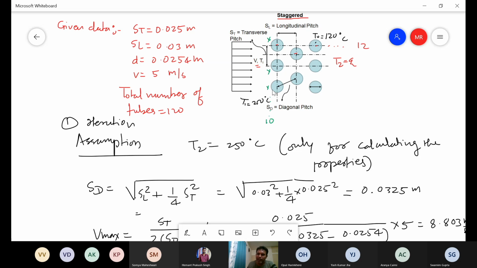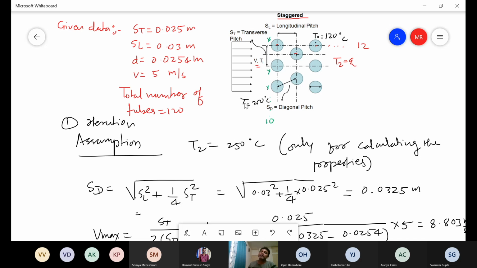Remember, the heat is being transferred to the fluid which is flowing through each of these tubes. But at the right hand end, the temperature difference is going to be T2 minus 120, and this is going to be lower than the temperature difference at this particular end.